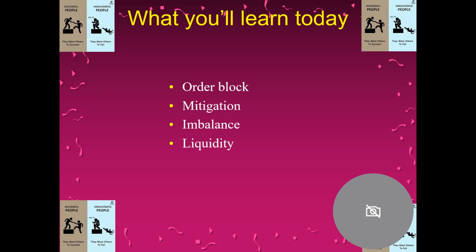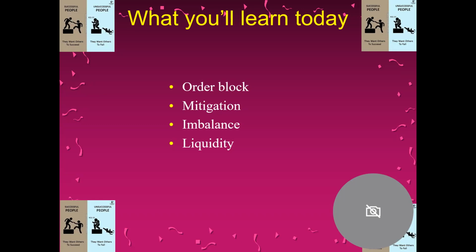How do I explain an order block in the simplest way? An order block is basically large blocks of orders in the market, right? And these orders are used to either buy or sell currencies.